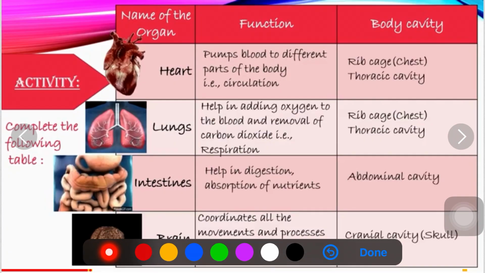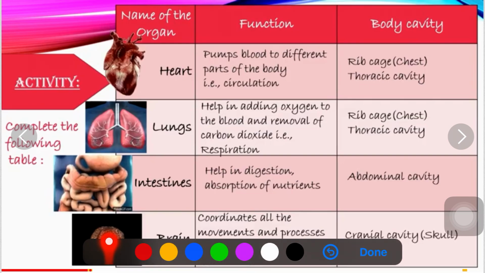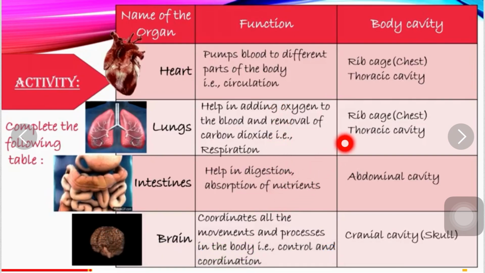The function of the heart is to pump blood to different parts of the body, that is circulation. What does the heart do? The heart pumps the blood to different parts of the body, and as well as pumping, it also purifies the blood from deoxygenated to oxygenated, and this process is called circulation and purification.